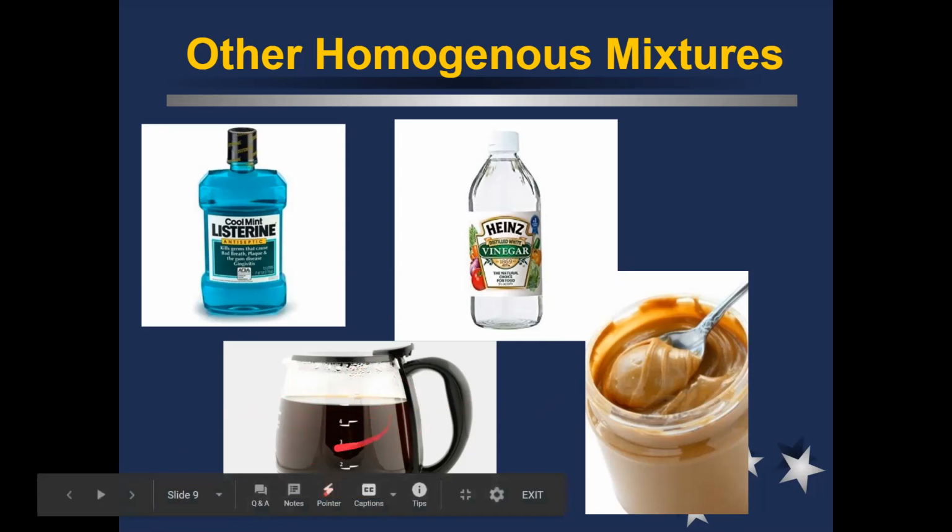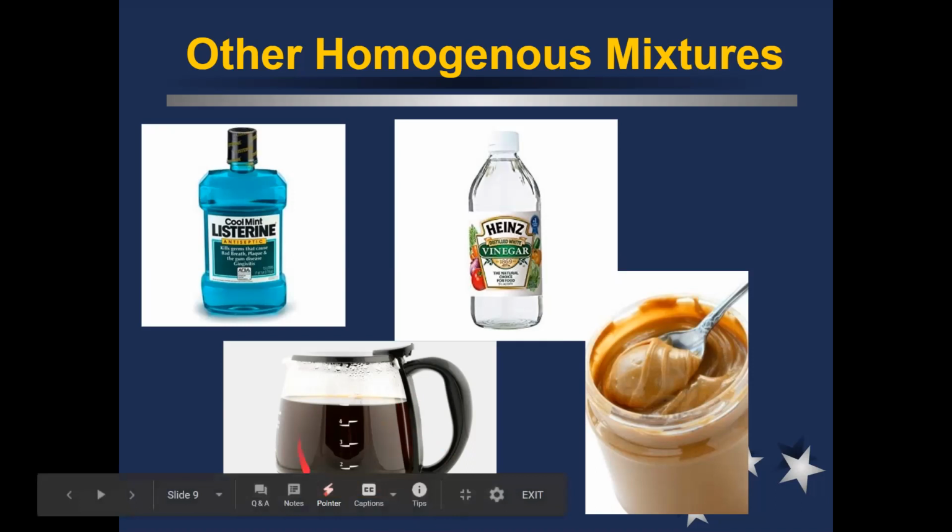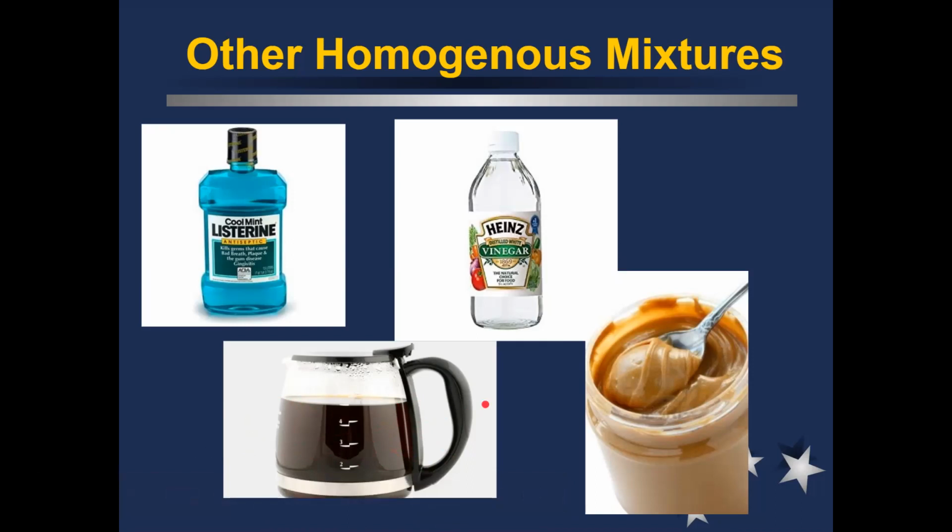And so every sip from this coffee pot should taste the same as the last one, right? You shouldn't be getting any weaker coffee as you get more towards the bottom of the pot. It should all be the same because all of those little flavor and water particles are all evenly mixed together.